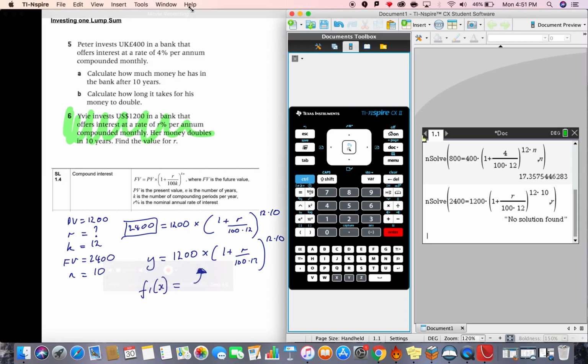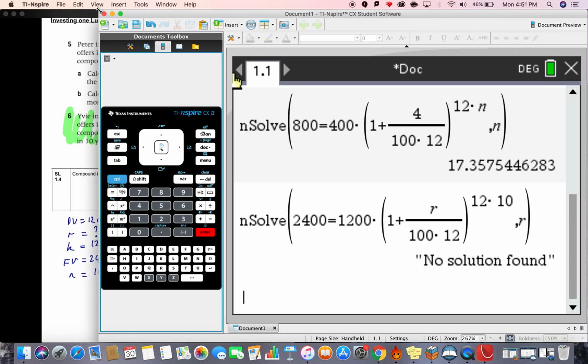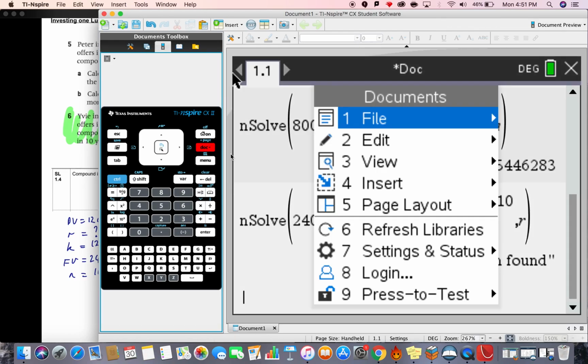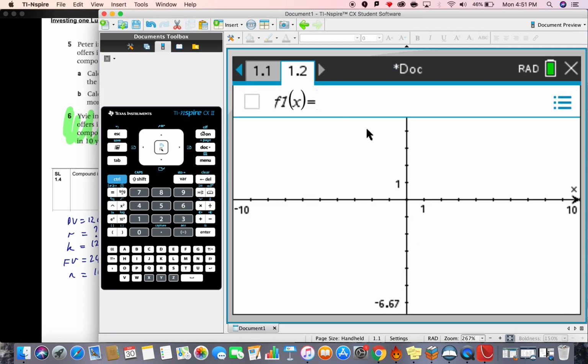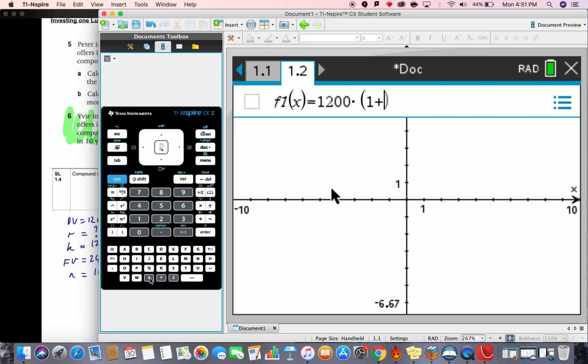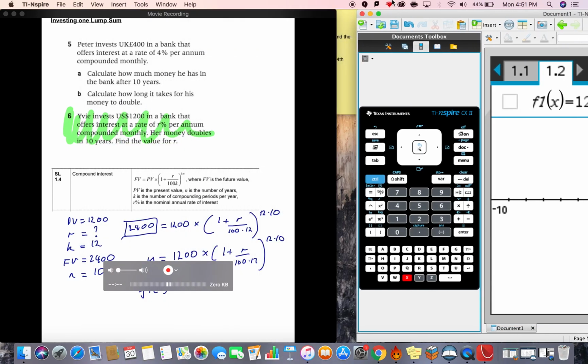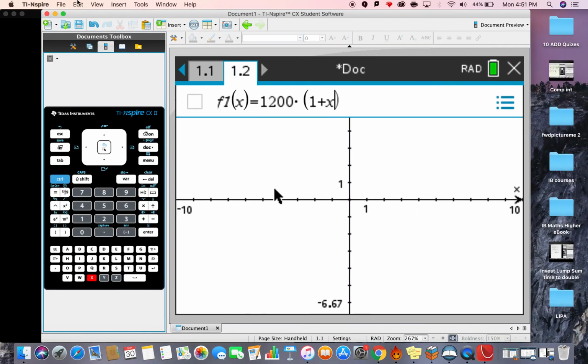Let me make this a little bit bigger, TI Nspire, so we can have a good look at it. Now let's dock, insert a graph. In the function plotter, I'm going to type in 1200, which was the present value, times, open bracket, 1 plus R. This time R is the variable on the x-axis, so I'm going to type in x. If you're unsure about that, look at the formula again. 1 plus x over 100 times 12, and then a fraction here.